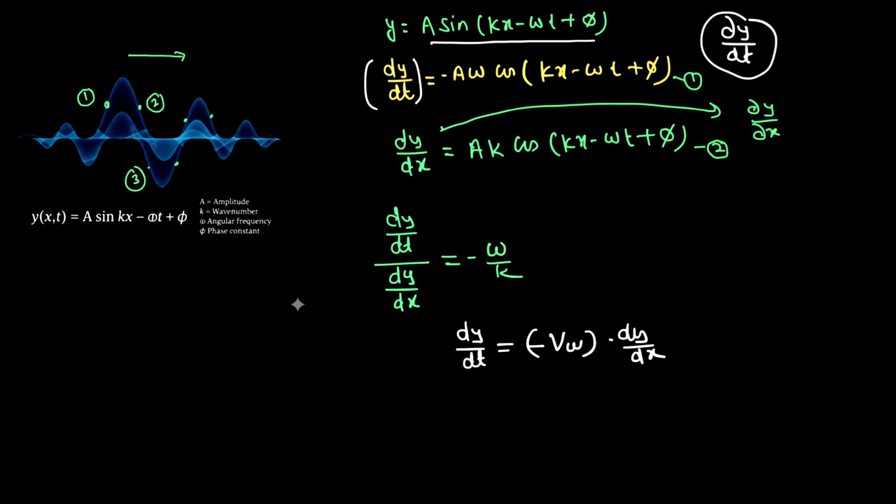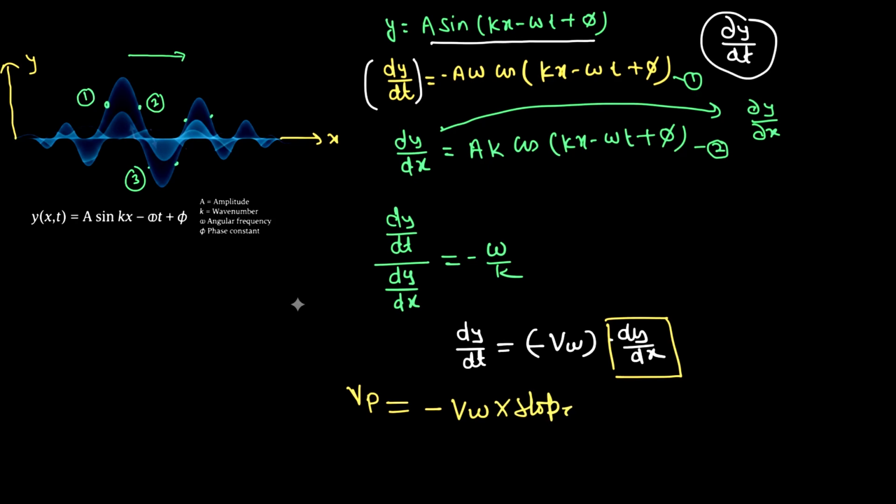And dy by dx is the slope of this graph. So if I take this as the x-axis and this as the y-axis, the slope will be dy by dx. It means whenever you have to find the velocity of a particle, the velocity of the particle is equal to the velocity of the wave multiplied by the slope.